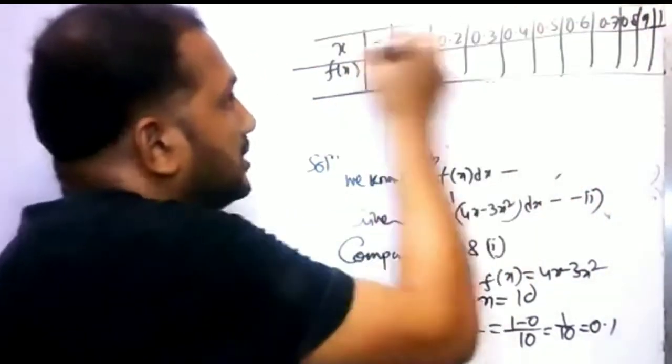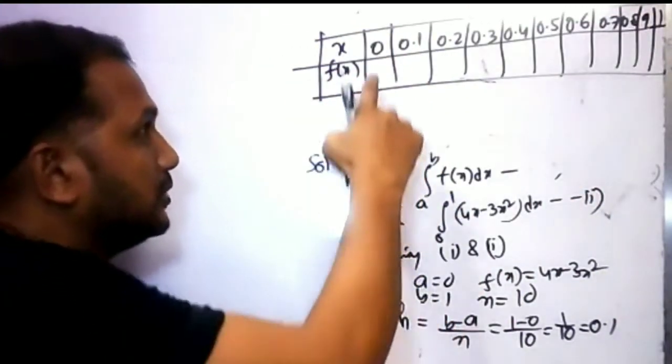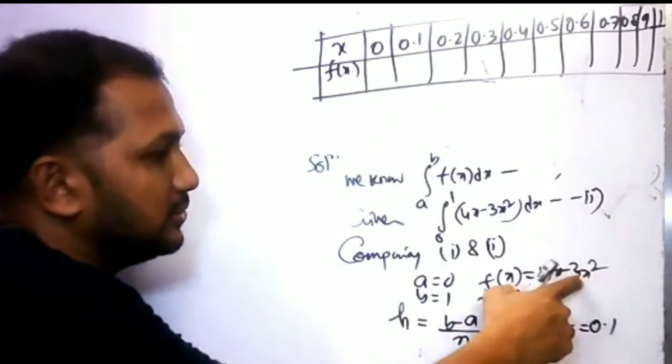And we have to calculate these f(x) values. When x equals 0, put the value: 4 into 0 minus 3 into 0, that is equal to 0.